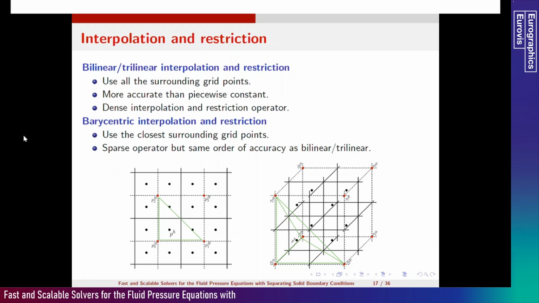Therefore, we propose the barycentric interpolation and restriction, which only uses the closest surrounding grid points while keeping the same order of accuracy. We can see that in 2D we use 3 instead of 4, and in 3D we use 4 instead of 8, which makes the operator much sparser. Especially in 3D, we can get a matrix that is twice sparser.